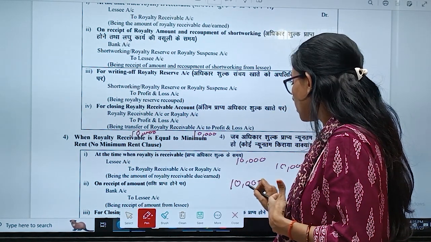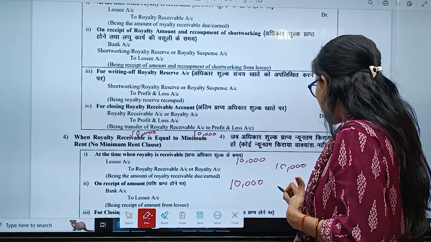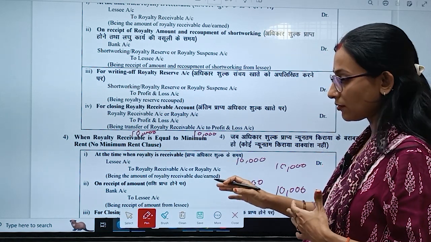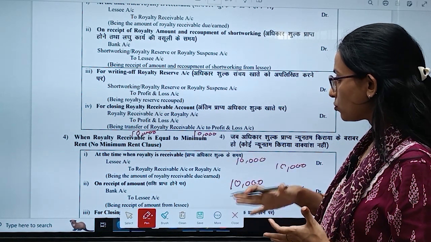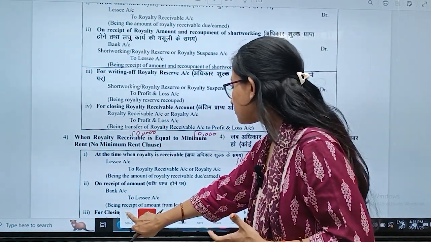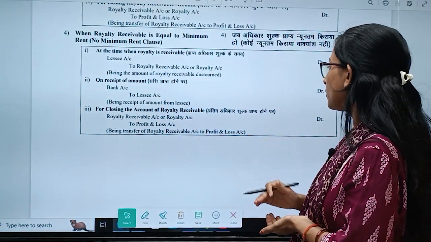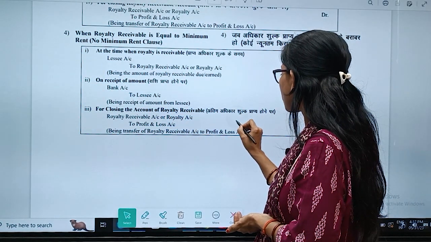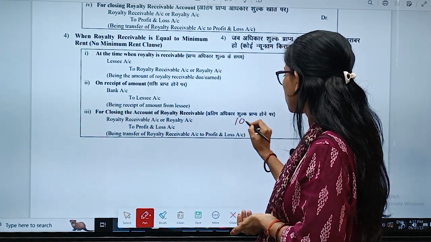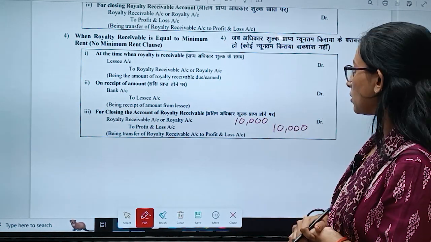Bank account debit, because bank is increasing by 10,000 rupees, and the lessee is no longer liable to pay the amount, because the debtor, the asset, has been reduced, as he has already paid the 10,000 rupees. So to lessee account, closing entry. Closing entry means that the receivable amount will be transferred to the P&L account at the end of the year, that is 10,000 rupees.